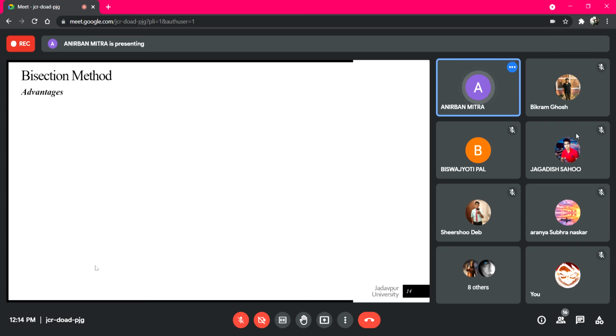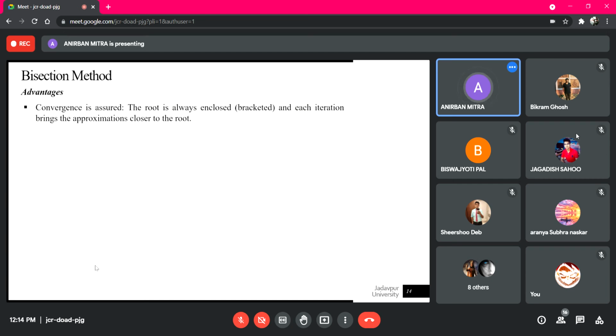Now, this slide highlights the advantages and disadvantages of the bisection method. One of the biggest advantages is that convergence is assured. As long as the intermediate value theorem is satisfied, it indicates that within that interval there is a root. And the root is always enclosed or bracketed.